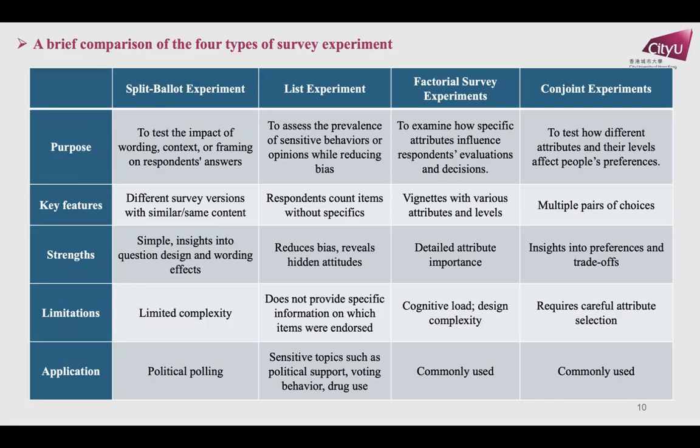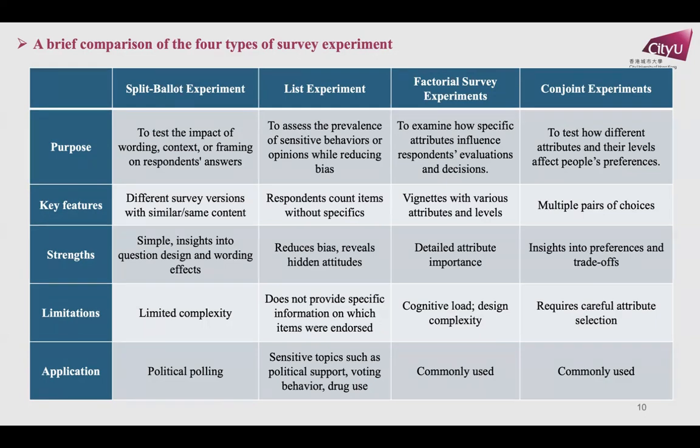The strength is that it's very simple to implement, and it can give insights into question design and wording effects. But the limitation is that it's very simple and may limit the complexity of the research. It is also mainly used in public polling.